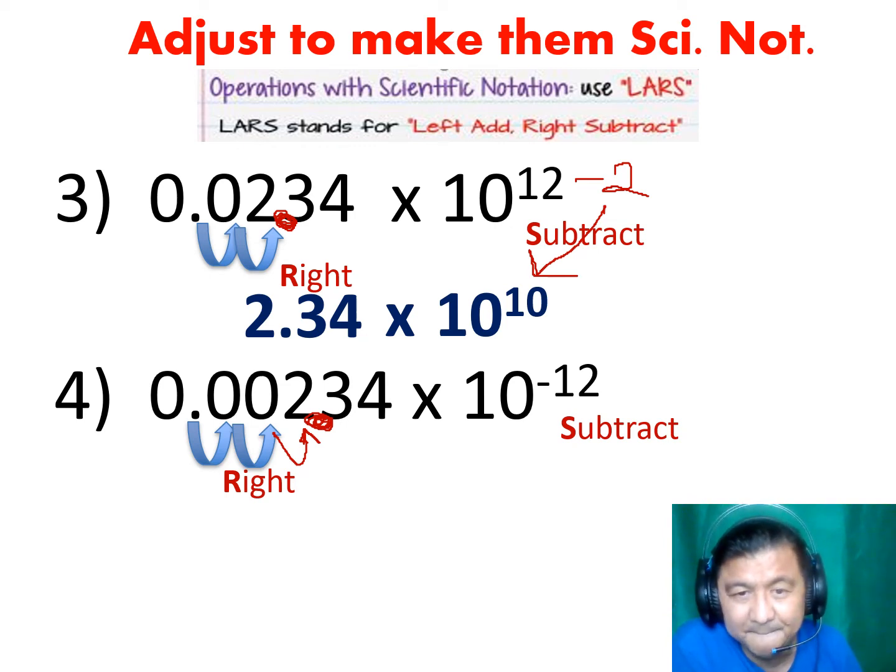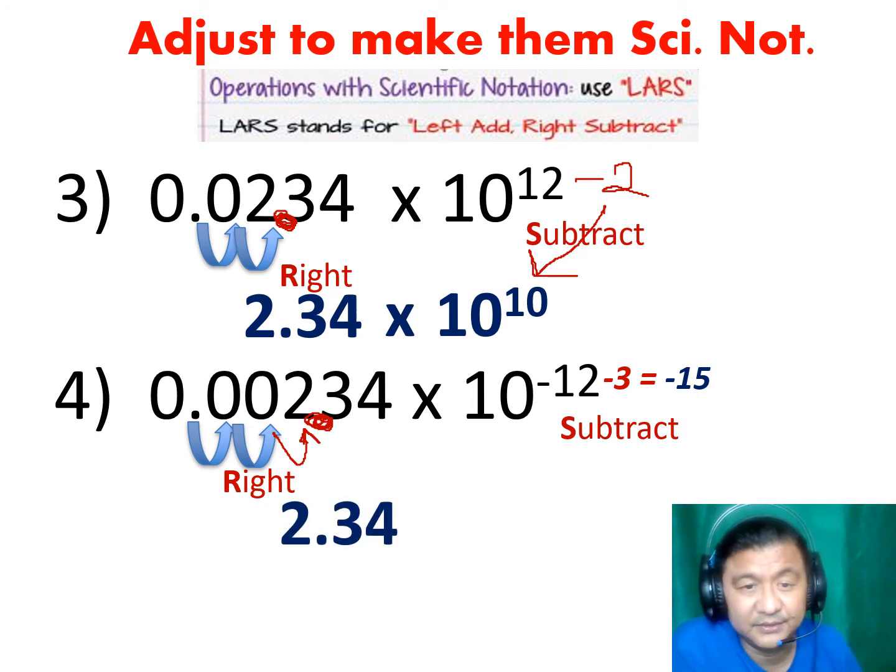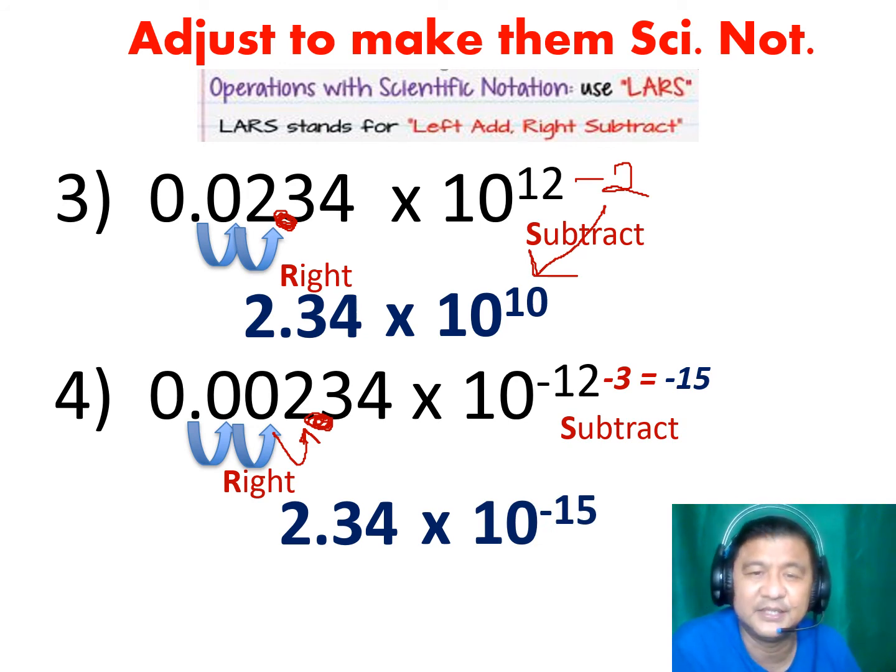I put a 3 on that side. Keep change opposite: -12 minus 3 is -15. So everything is adjusted now: 2.34 times 10 to the -15. From a fake scientific notation, it becomes a real one. Okay, next example.